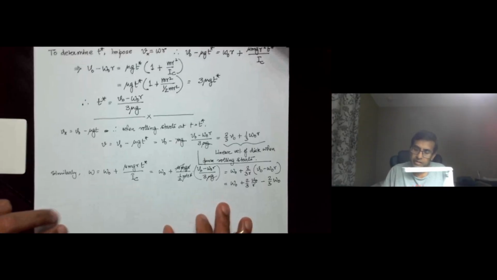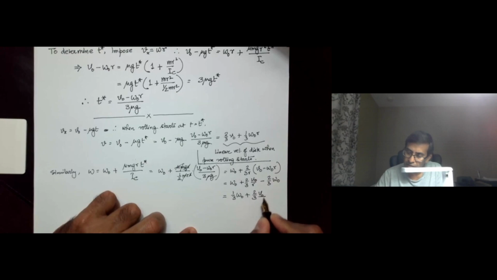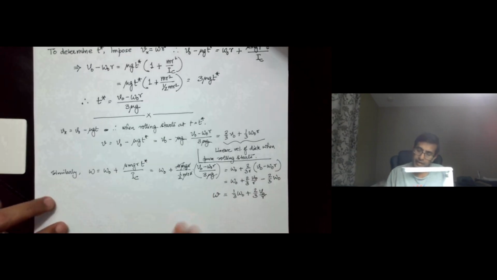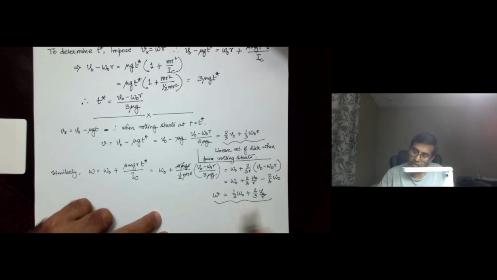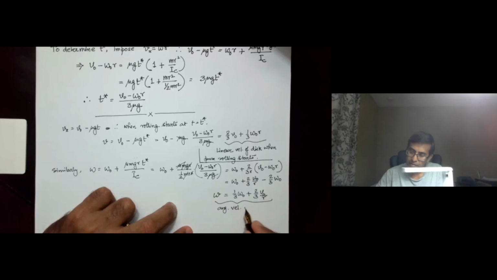Continuing with this calculation, this becomes 1/3 of omega naught plus 2/3 of v naught divided by r. So this is the angular velocity of the disk when pure rolling starts.